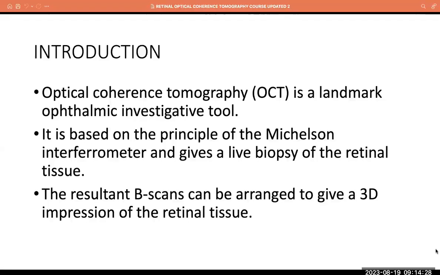The key term used in OCT is reflection. A tissue layer that reflects the light gives a certain interference pattern, and that tissue comes out hyperreflective. A tissue layer that cannot reflect the light but absorbs most of it comes out dark, and that is hyporeflective.